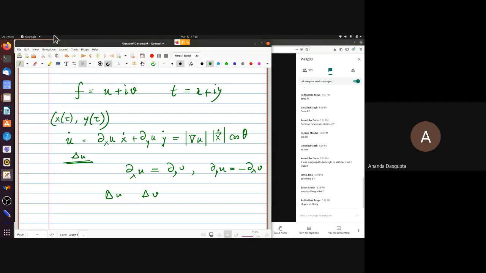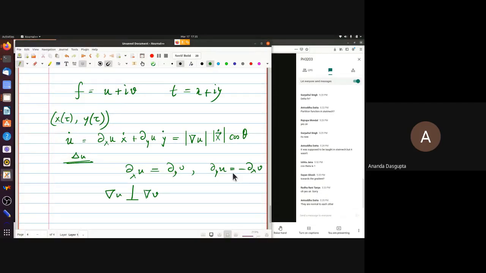The gradient. Okay, my delta u and delta v, maybe I would be better off being consistent, so instead of using the inverted delta triangles, let's use nablas. How are these two related? These are two vectors. They are perpendicular to each other, of course. This condition simply is the condition for perpendicularity of two vectors, right?